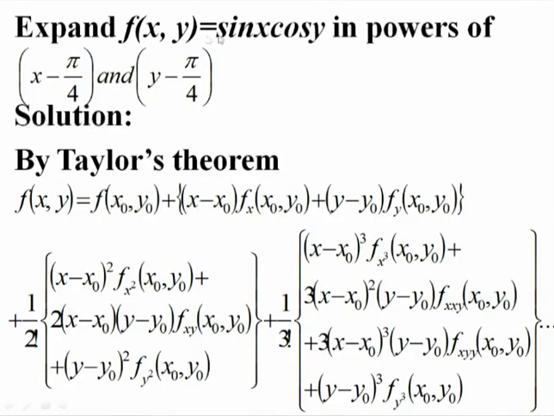Now let us take one more example. Expand f of (x, y) equal to sin x cos y in powers of x minus pi by 4 and y minus pi by 4.